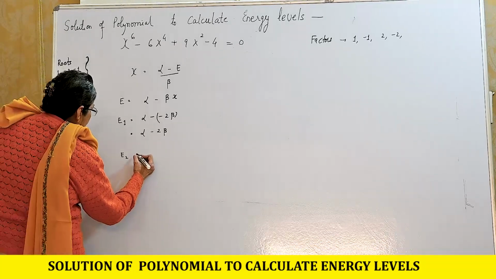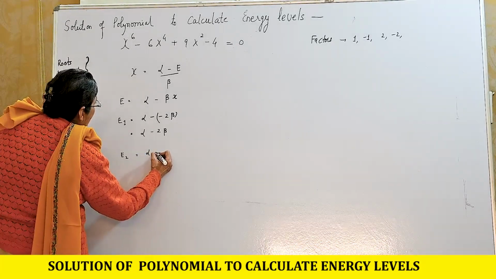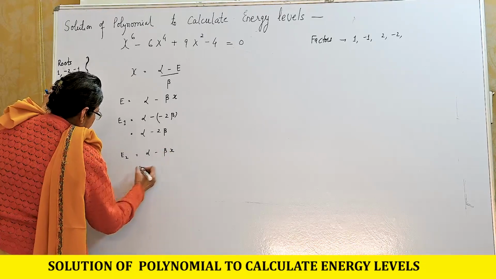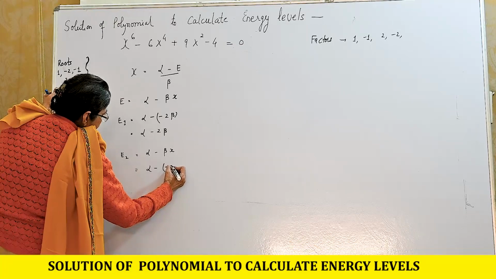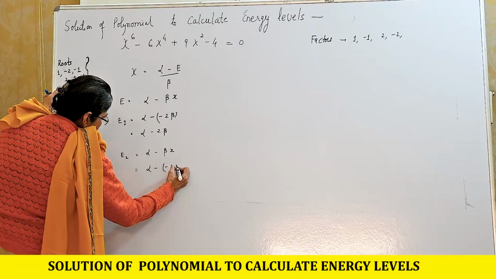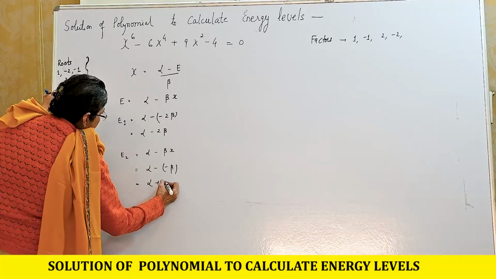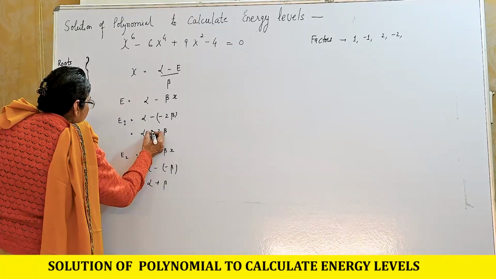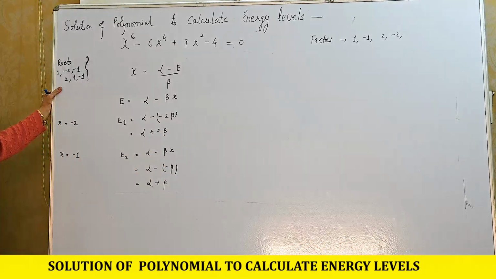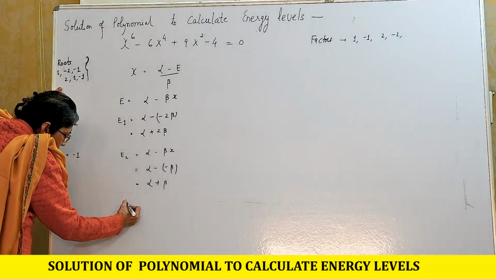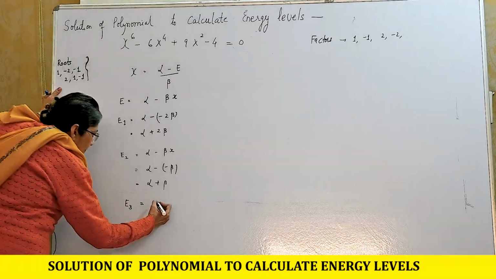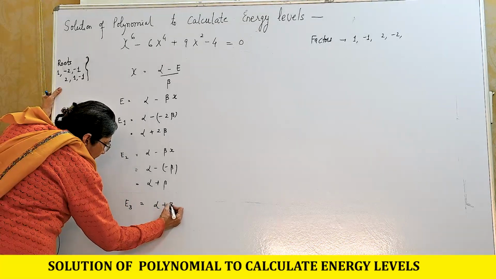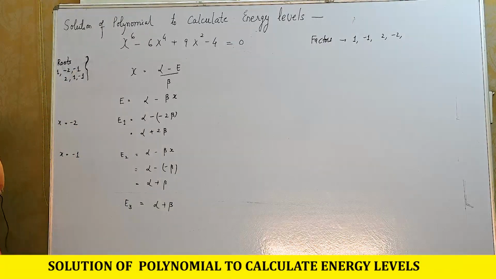Then E2 is alpha minus beta x, is equal to alpha minus minus beta, and this is alpha plus beta. So this number is E2, and again we get the same energy level. E3 will also be alpha plus beta, because minus 1 and minus 1 occur 2 times.